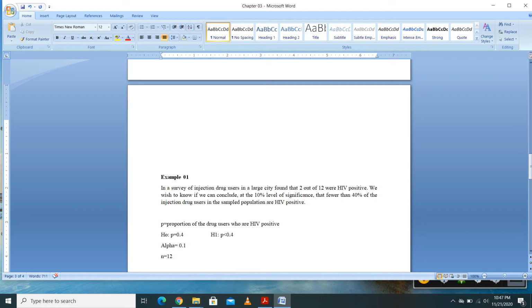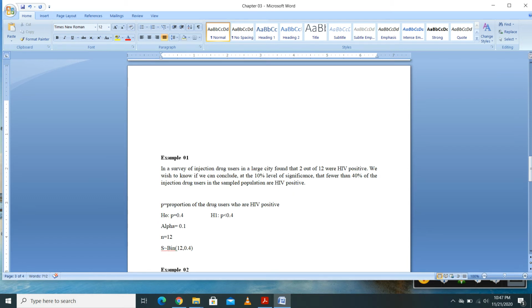If you take S as the number of HIV positive ones, S is having a binomial distribution. Sample size is 12, and the probability of a success we can take as 0.4, because that's what we are testing.